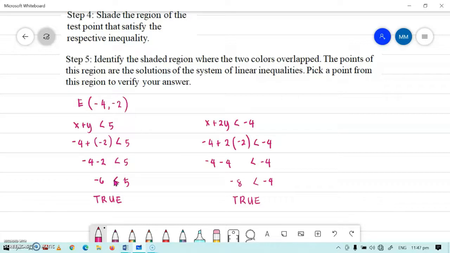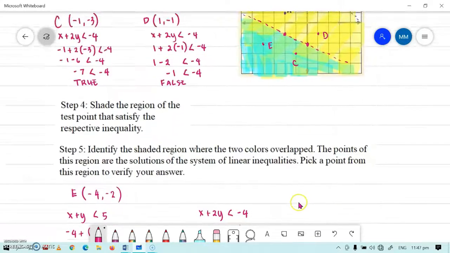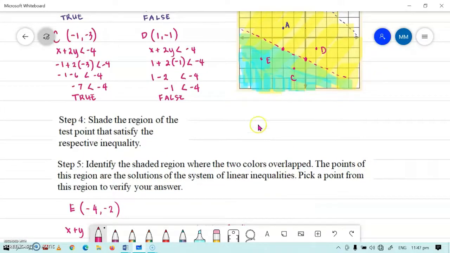Alright, and since test point E satisfies both of the given inequalities, then meaning to say, the region that we had here is correct.